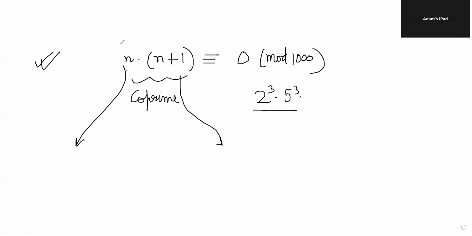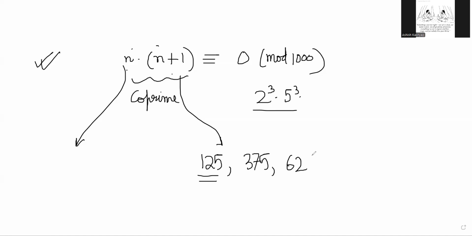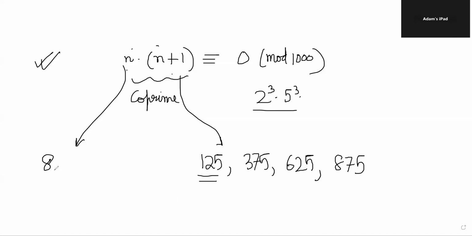And we knew that these are 3-digit numbers also, so our choices are pretty limited. 125, 125 into 3, 125 into 5, 125 into 7, and so on. And this starts with 8 and all, 24 and so on. And then we are just checking.